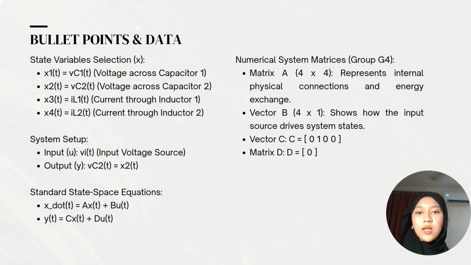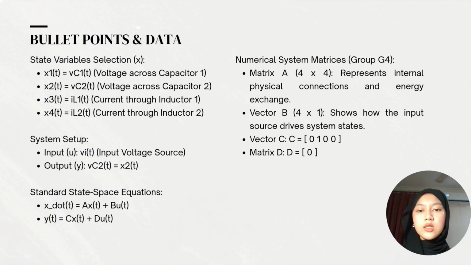Now let's move on to the bullet points and data slide, where we define our state space representation for group G4. First, we selected four state variables. Number one, x1(t) representing the voltage across capacitor 1. Number two, x2(t) representing the voltage across capacitor 2.